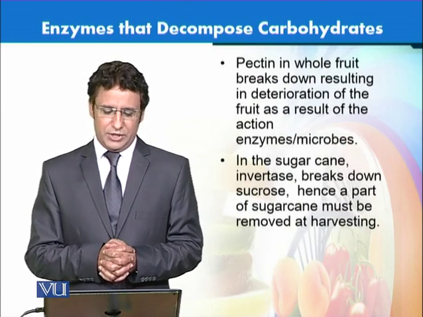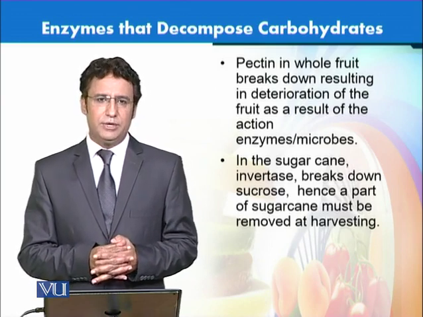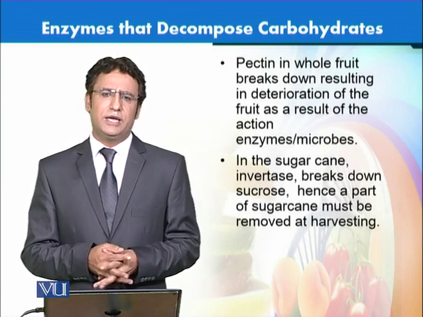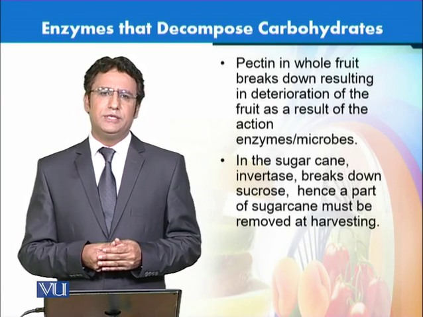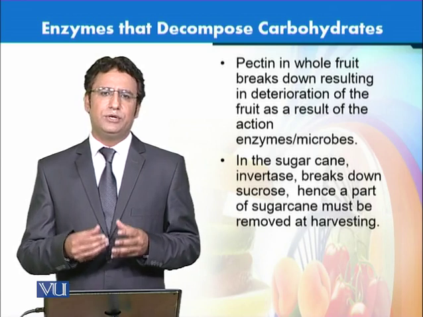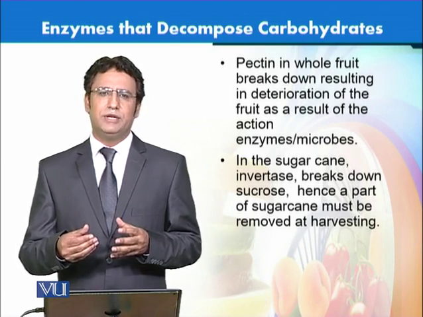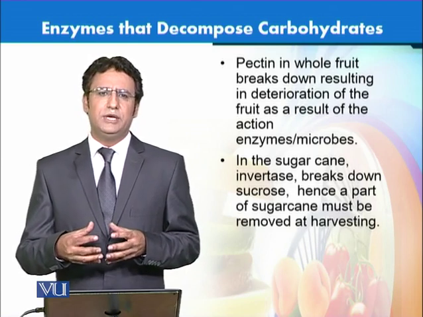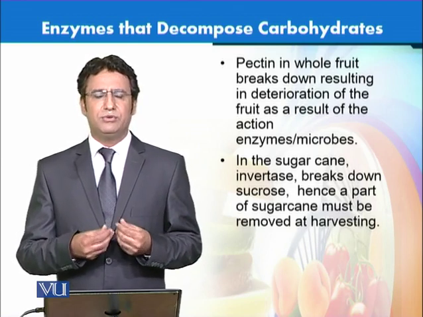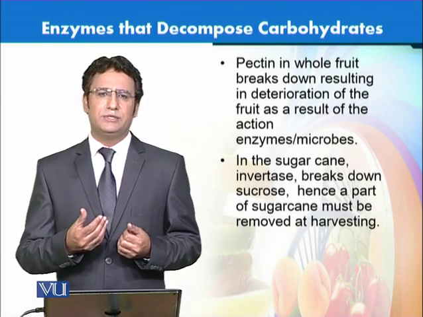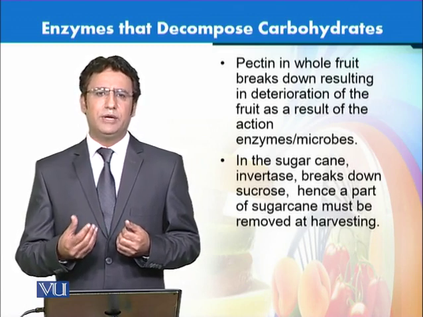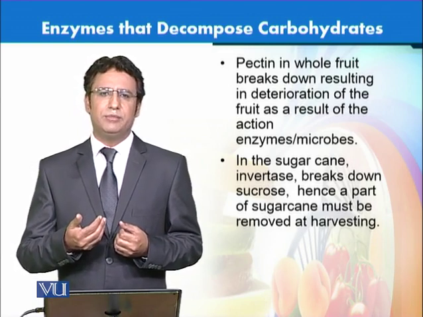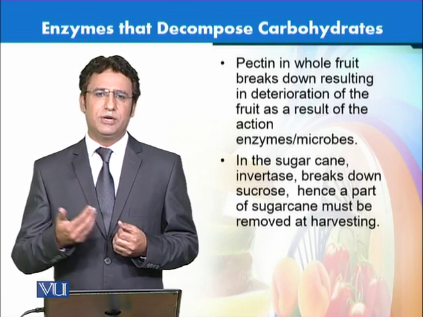Pectin is acted upon by enzymes as well as by microbes. There are certain microbes that can also act upon these fruit tissues, especially, for example, whenever there is breakage or spoilage of fruit or any vegetable, as you can see, their structure is very much softened. That is because they have been acted upon by these enzymes, whether they are inherent enzymes or enzymes that come from microorganisms.